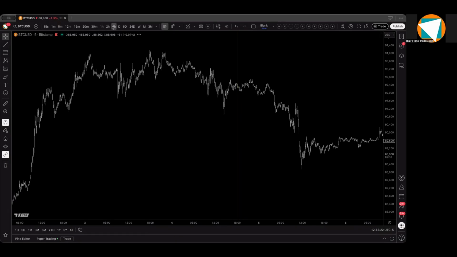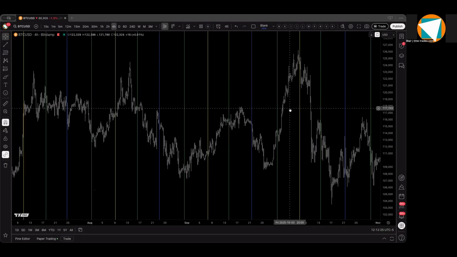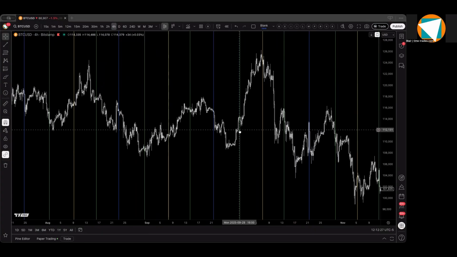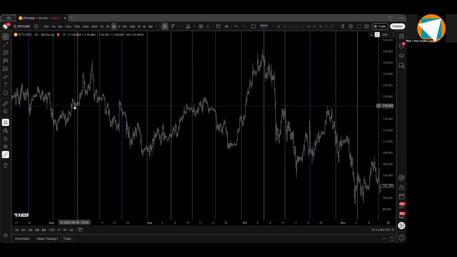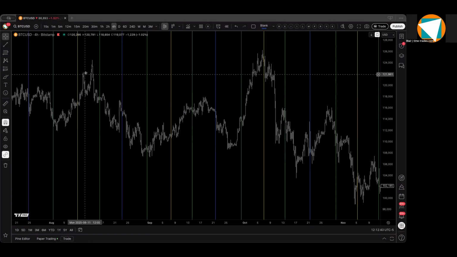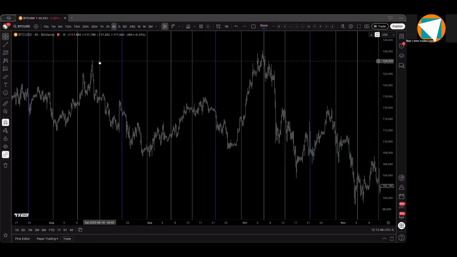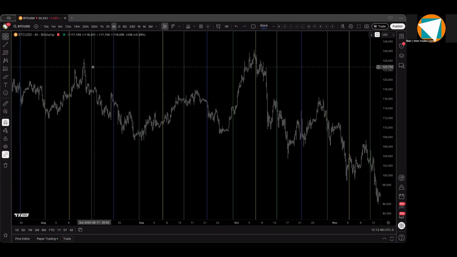So if we zoom out again to the 4-hour chart, we can see this a little bit better. Here's a perfect example of a move up into a full moon and then a collapse on the backside of that. Obviously, it's not going to work all the time. There's counterexamples to this, like over here. And over here, we saw the peak between the full moon and the first quarter moon, or the third quarter moon.